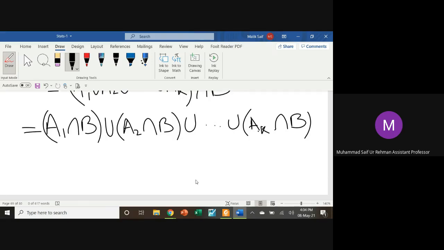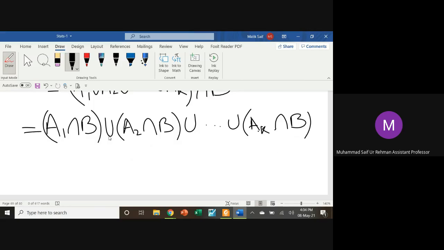Okay. So now, if you see, there is no subscript with B. But if you see A, subscripts are there, A1, A2. So it means that B remains same, but A changes. Okay. And union is there, so it means addition is there.